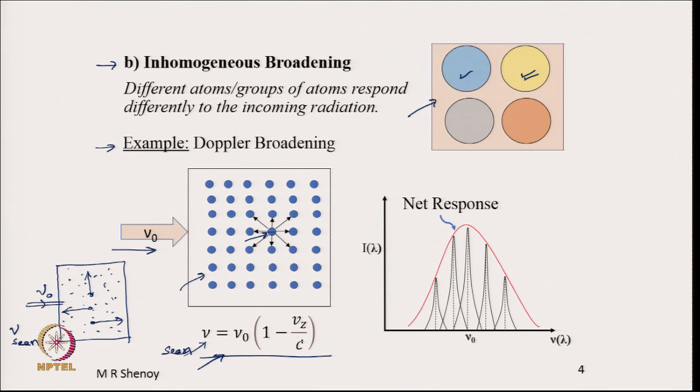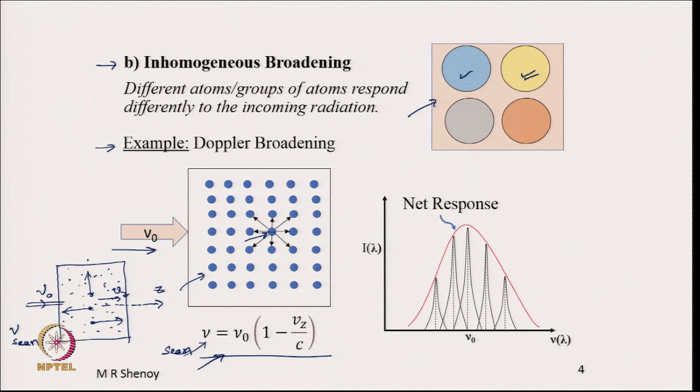This is higher because we always take the direction of propagation as z. So, Vz is the velocity component in the z direction, and an atom moving in this direction has minus Vz. That is why 1 minus Vz by c will give a higher nu, and therefore the atoms moving towards the radiation will see a higher frequency.